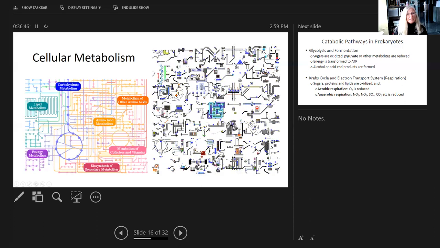Here we're going into making lipids, then the amino acids go into metabolism of other amino acids. So it's this huge interconnective highway of all of these different chemical reactions that are all dependent on each other for the net outcome, which is metabolism: making biomolecules, using energy, breaking them down to get energy back.